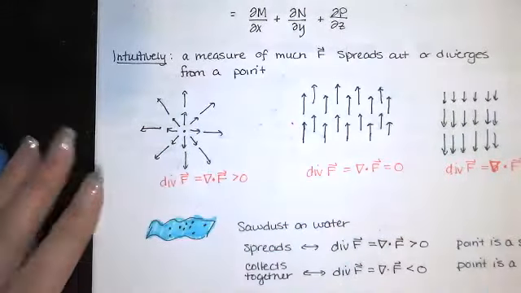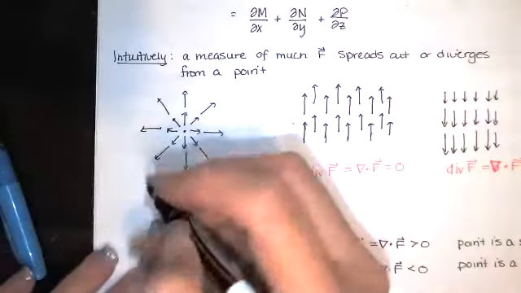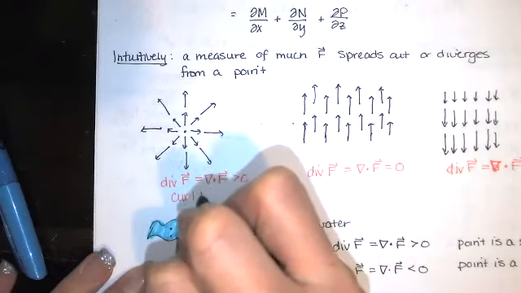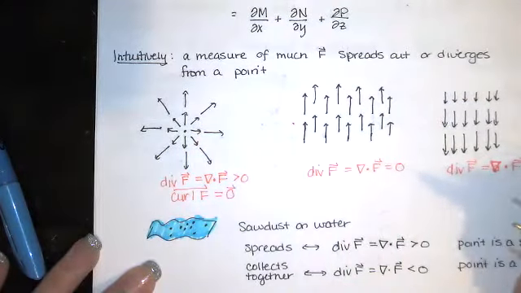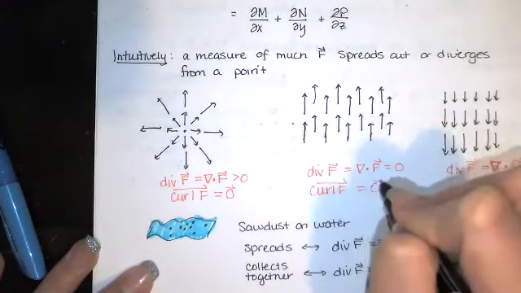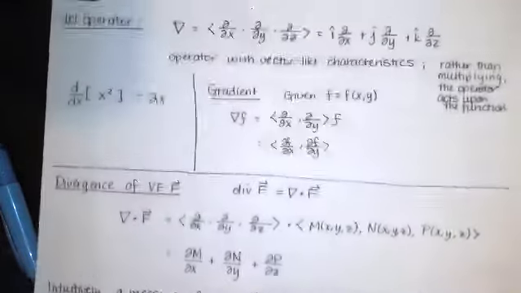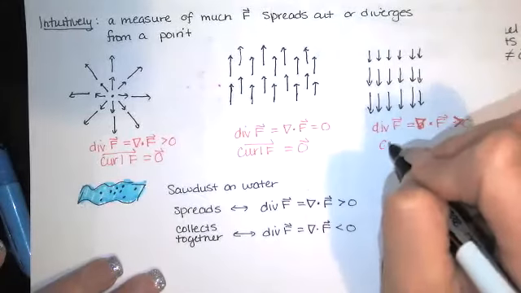Is the fluid rotating around any point? No, it's just sort of going out. So here the curl is the 0 vector. What about this? Is there any swirling? No. What about this guy? Similarly, no.